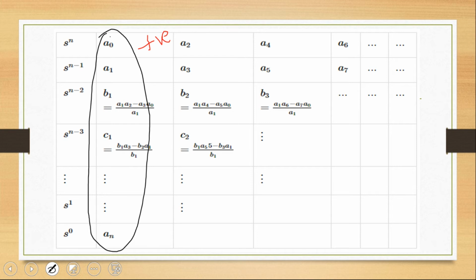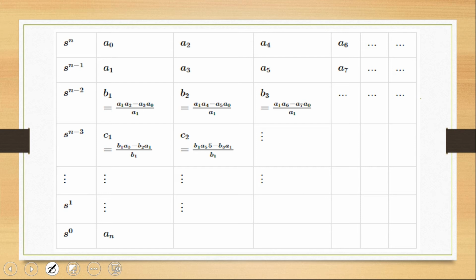That means this is positive. So first you have to consider the necessary condition: all the coefficients should be positive and real.